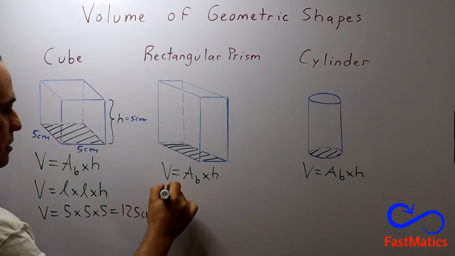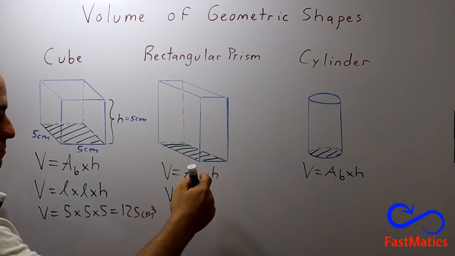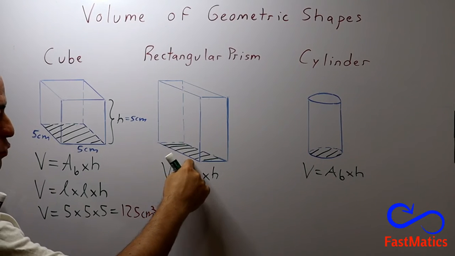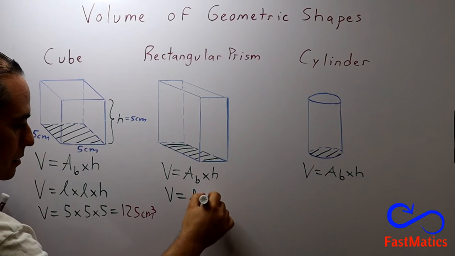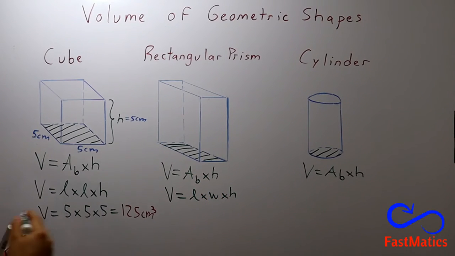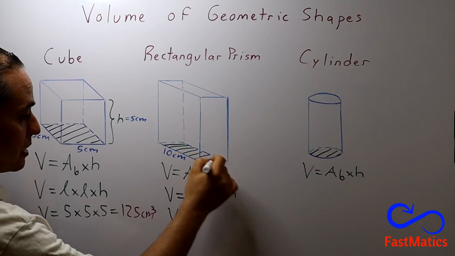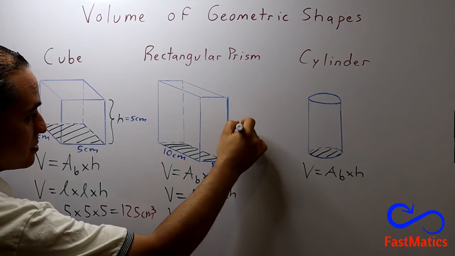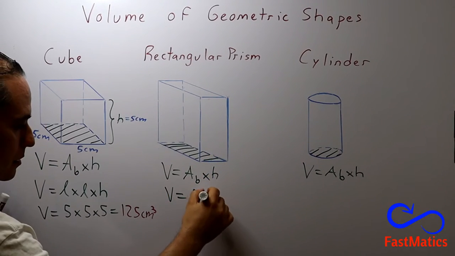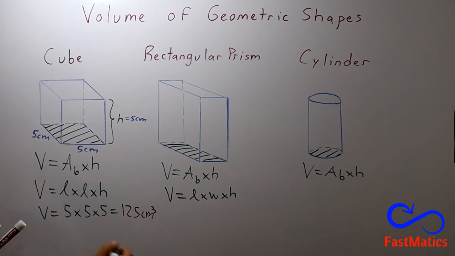Here we're going to write the volume equals the area of a rectangle, which is length times width, and here is written times height. Then we're going to replace the numbers.